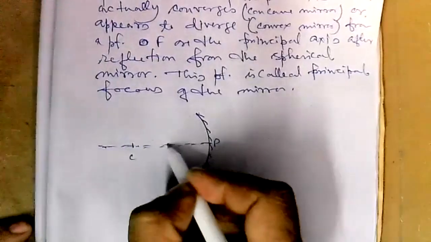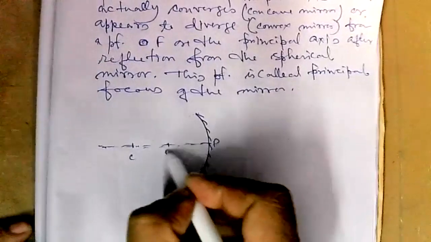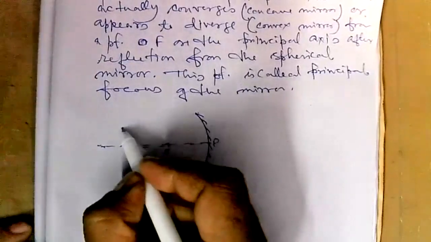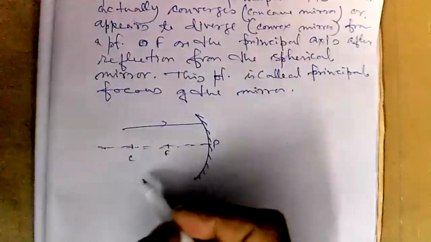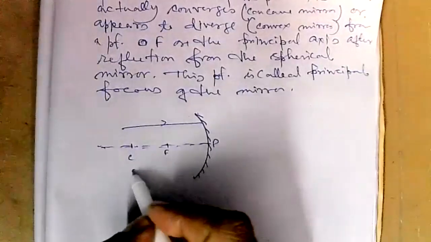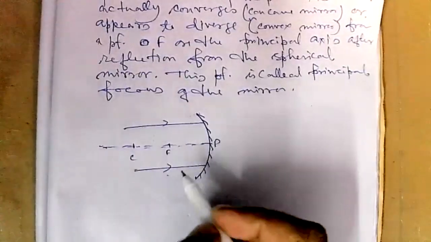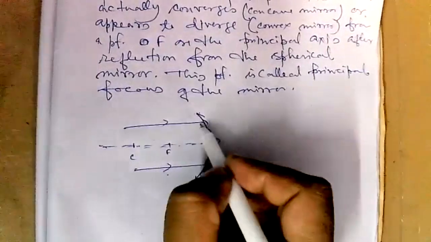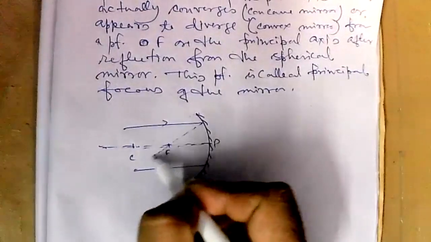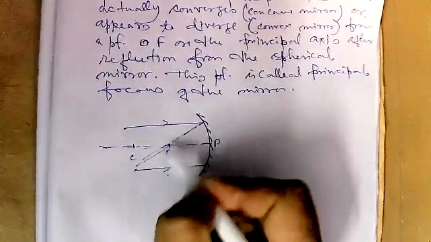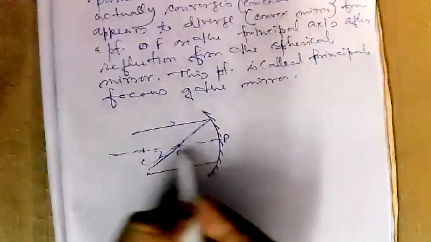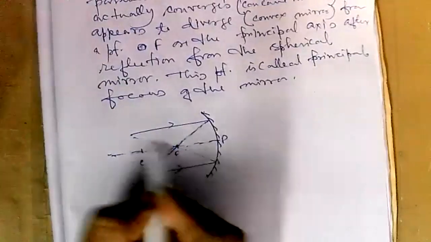This is the center of curvature. This is a point F. So the rays which are close to the principal axis and parallel to the principal axis, after reflection from the concave mirror, will pass through a specific point on the principal axis.